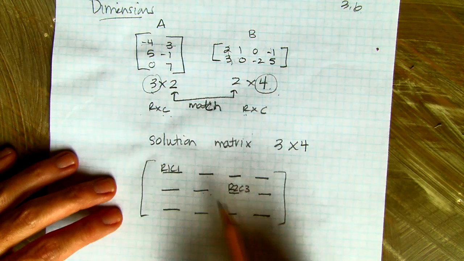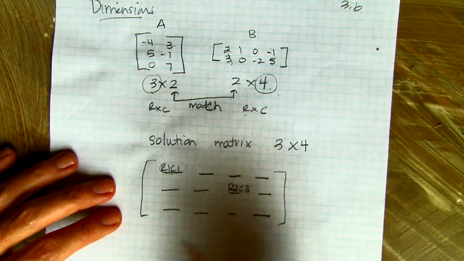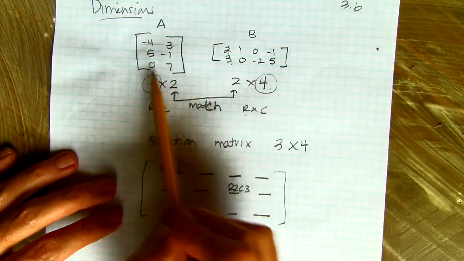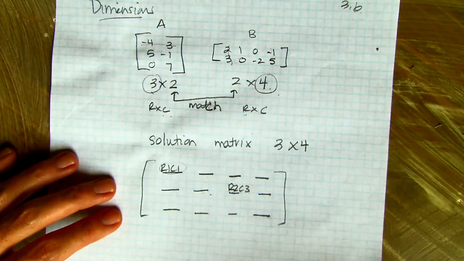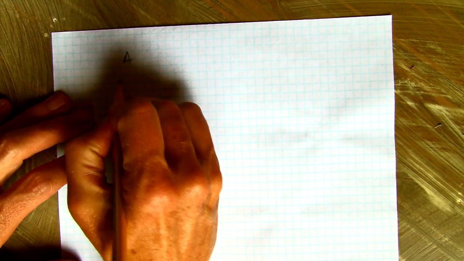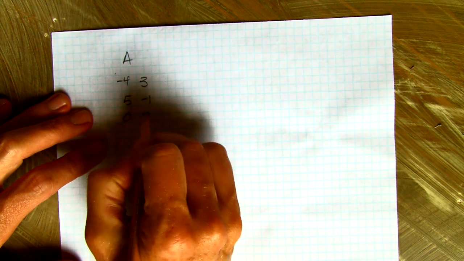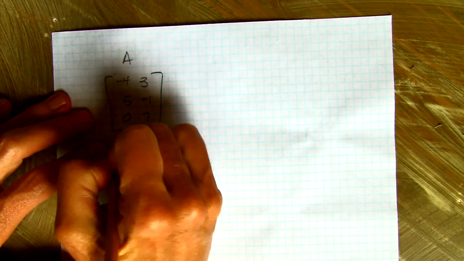So how do we actually figure out what row 1 by column 1 is? I'm going to start over so we can have the matrices and we can see how that works. So matrix A was -4, 3, 5, -1, 0, 7.